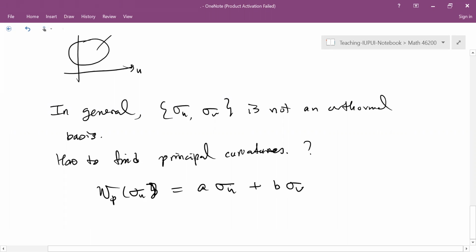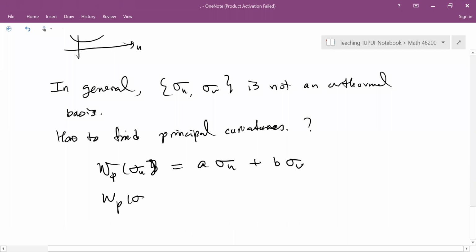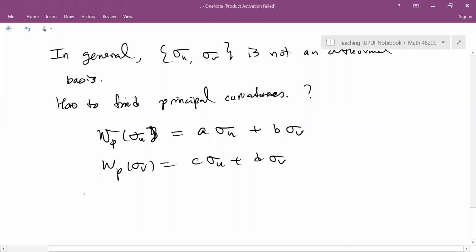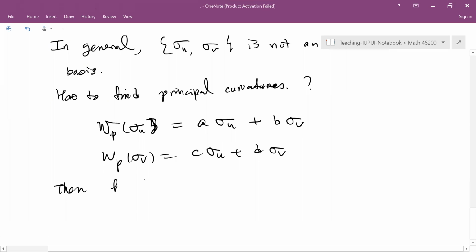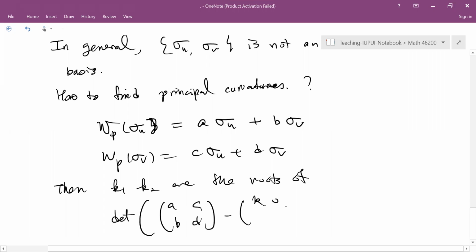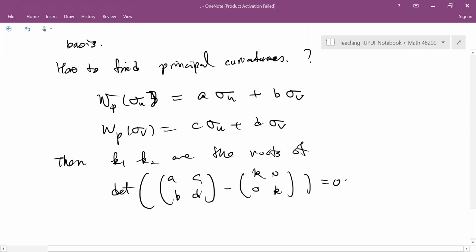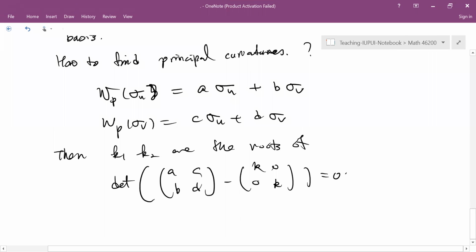If you can determine this matrix A, B, C, D, then the principal curvatures K1, K2 are the roots of this determinant: A minus K, B, C, D minus K. So all I have to do is find the A, B, C, D.